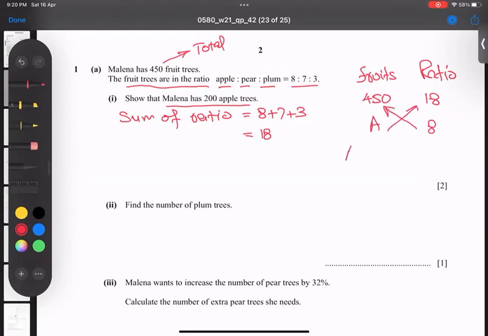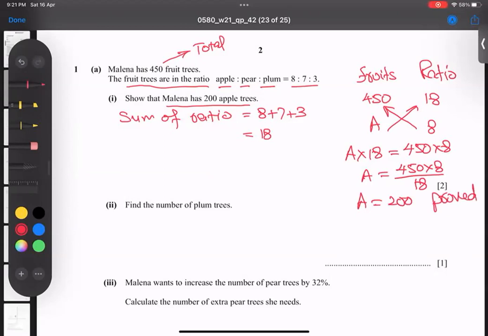So A times 18 equal to 450 times 8. And this 18 divides on the other end, and we get here 450 into 8 divided by 18. And the answer turned out to be 200. Proved.